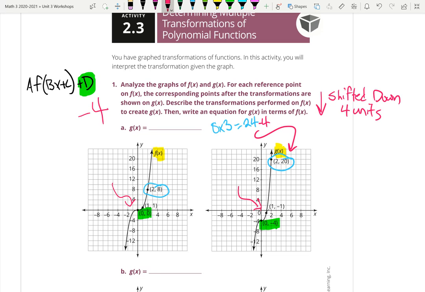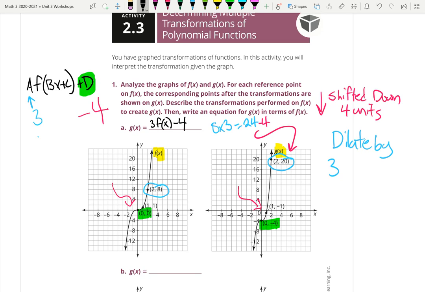So basically the idea is that I want to dilate by 3. This is going to be the number in front. This is going to be the a value. The a value is going to be 3. So what do I do to f of x? I'm going to do 3 times f of x minus 4.